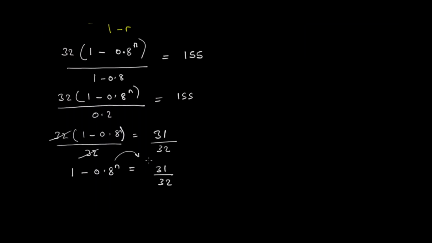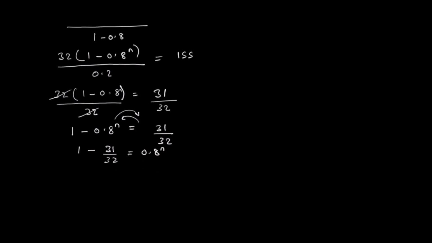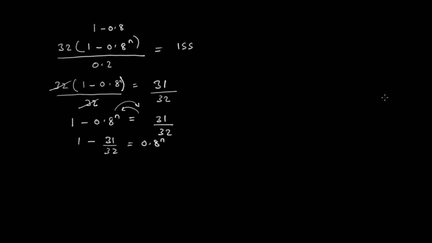Tikaendesa iyi kuside uku toendesa iyo kuside uku, inosara iri 1 minus 31 over 32 is equal to 0.8 to the power n. Saka what is, even get 1 over 32 answer panapa 1 over 32, because 1 itinogona kuinyora iri 32 over 32. 32 minus 31 ndi 1. 32 over common denominator 32 is equal to 0.8 to the power n.